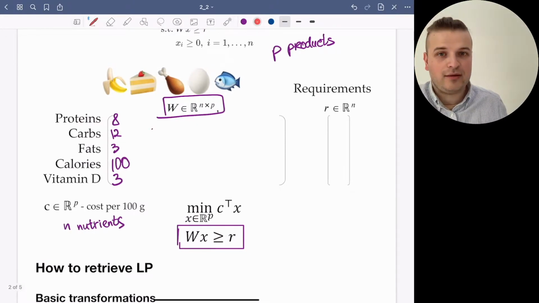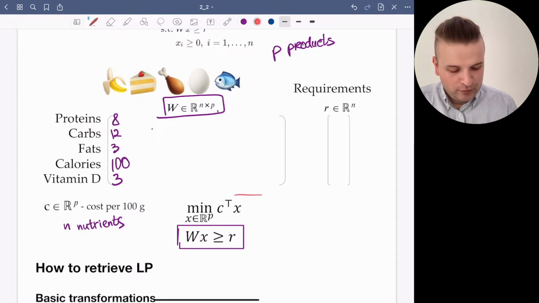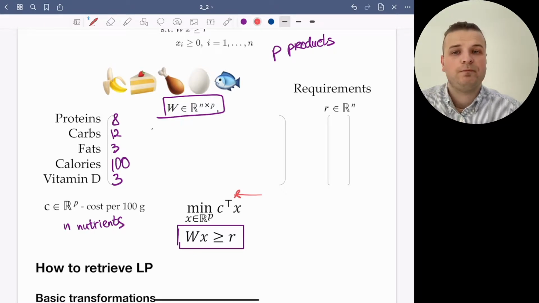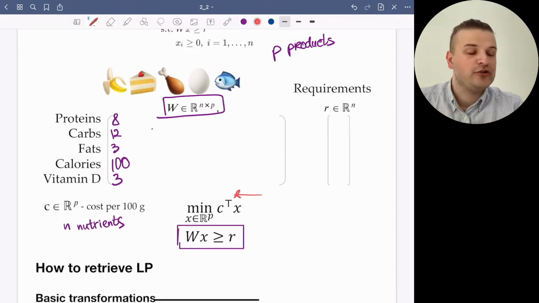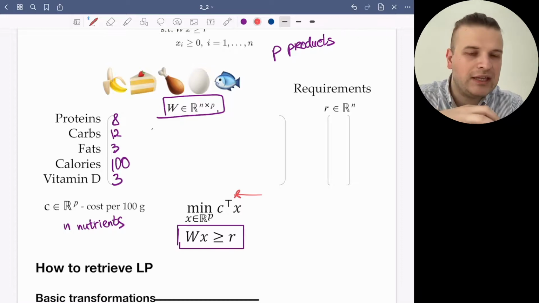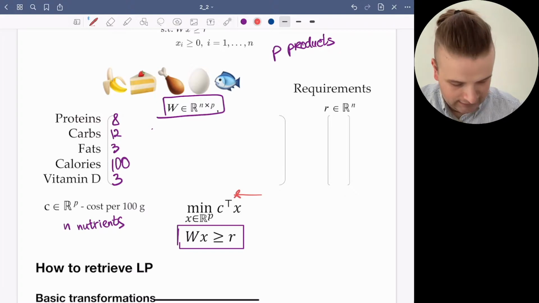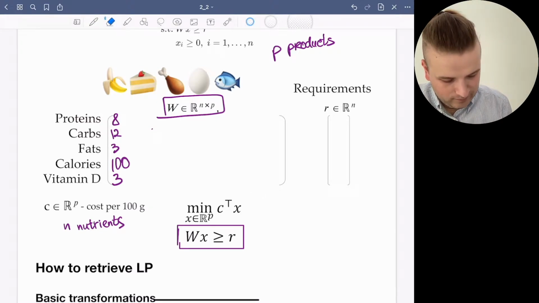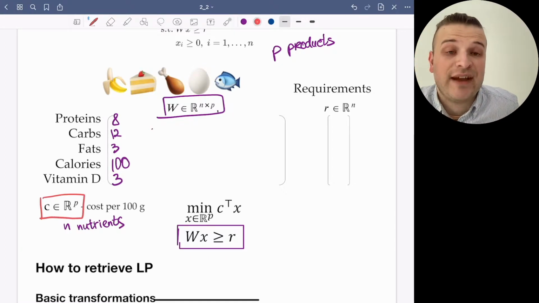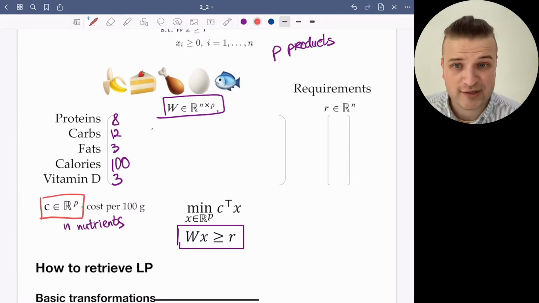But the objective function here is formed from the cost of each product. For example, banana costs $1 per kilogram, or per 100 grams cake costs $10, and etc. So we have this cost vector, just cost vector C, of the same shape as the number of products.